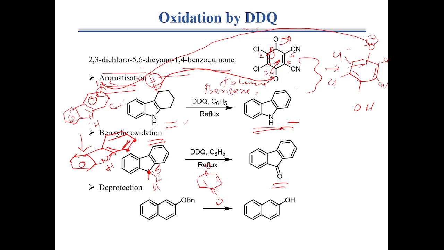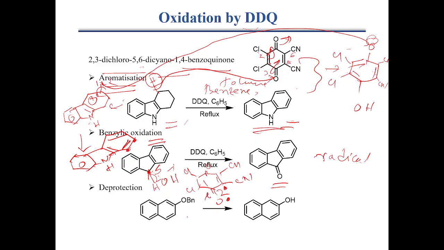First a radical is formed, and that reacts with DDQ and forms this radical. Then it is further oxidized to alcohol and then ketone. So it happens through a radical pathway.